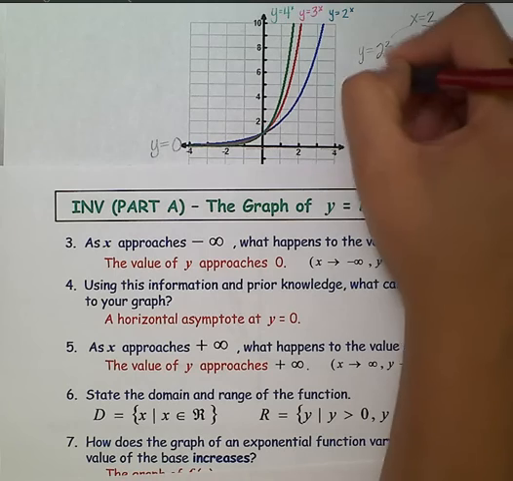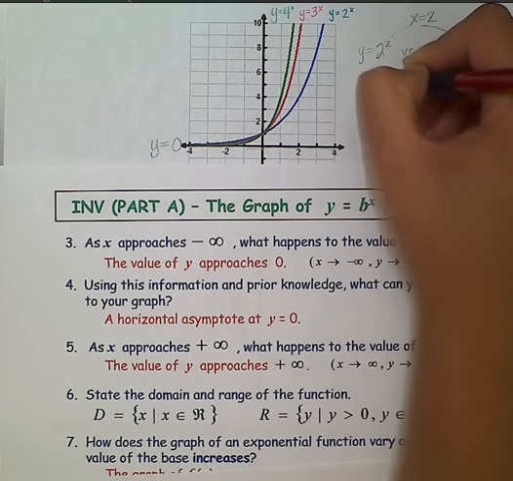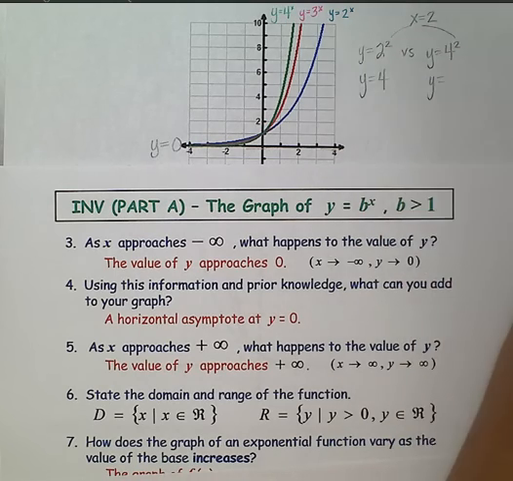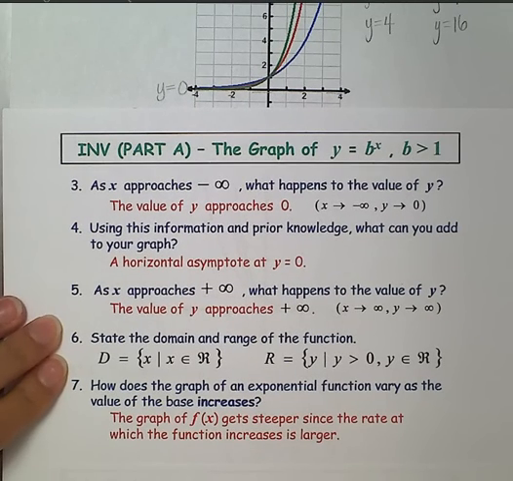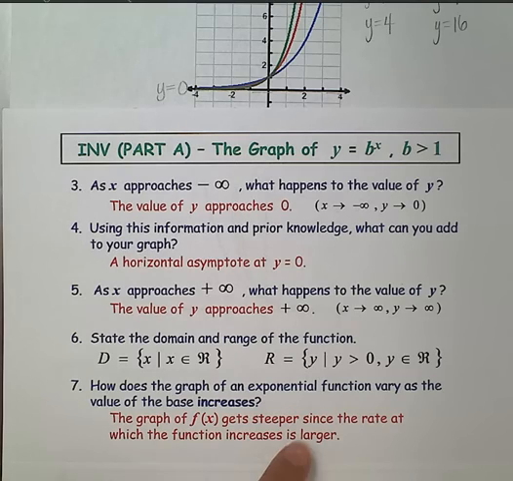Y equals 2 to the exponent 2 gives an answer of 4, whereas y equals 4 to the exponent 2 gives 16. So I get a much larger value much faster. The graph gets steeper since the rate at which the function increases is larger: a rate of 4 for y equals 4 to the exponent x versus a rate of 2 for y equals 2 to the exponent x.